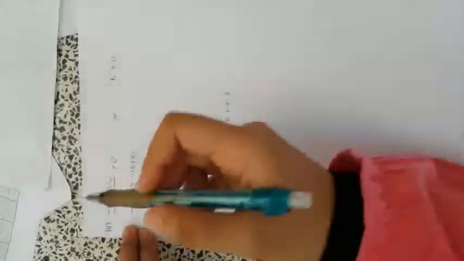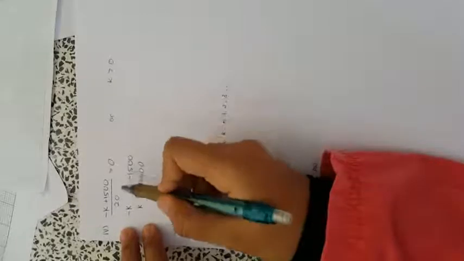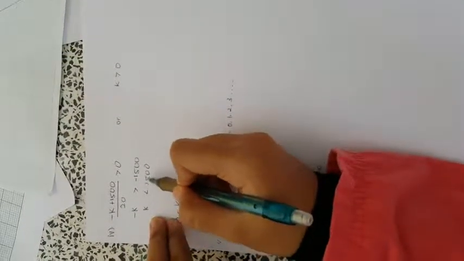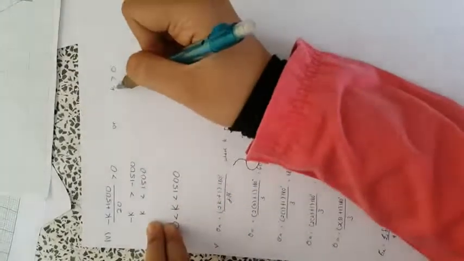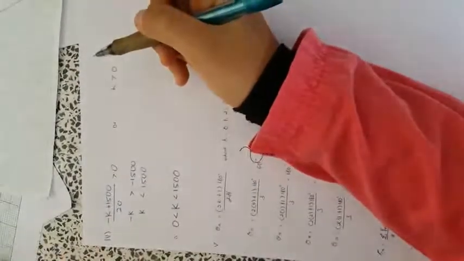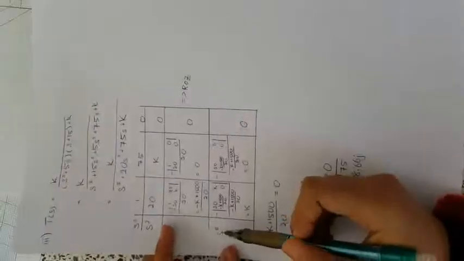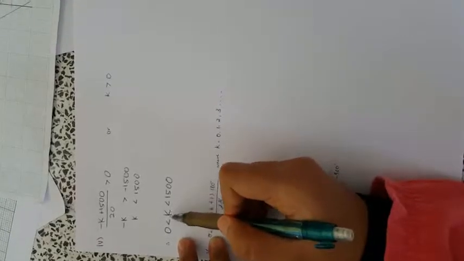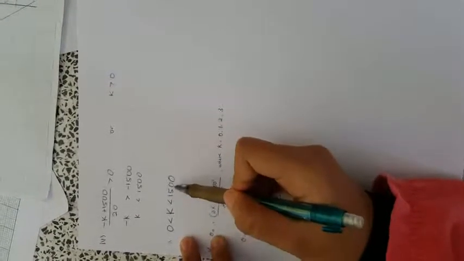If we have more than 0 here, then we have k less than 1500, and k is more than 0 for s equals 0. So the range of k is between 0 and 1500.